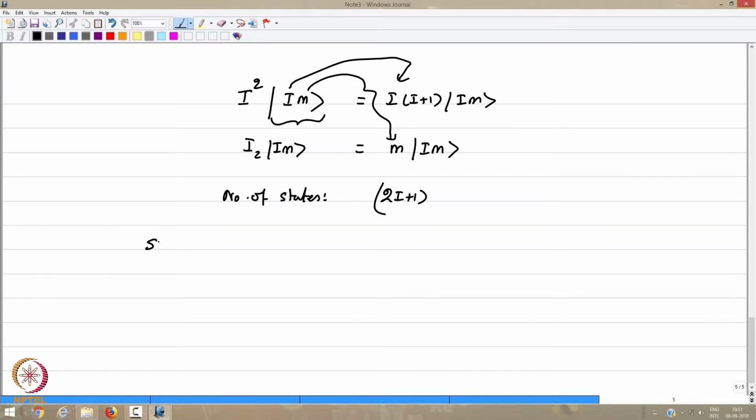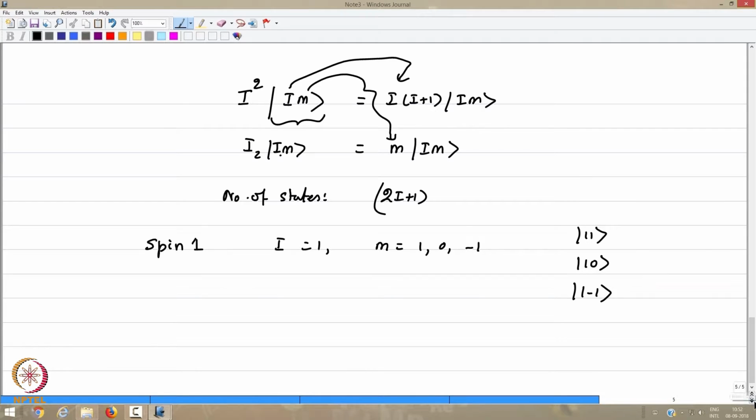Therefore, for a spin 1, we have I equal to 1 and m equal to 1, 0 and minus 1. So, we have three states, 1 1, 1 0 and 1 minus 1, with the corresponding values for the Iz operator. Iz on 1 1 gives you 1 times that, Iz on 1 0 is 0, Iz on 1 minus 1 gives you minus 1, and I squared gives you 2.